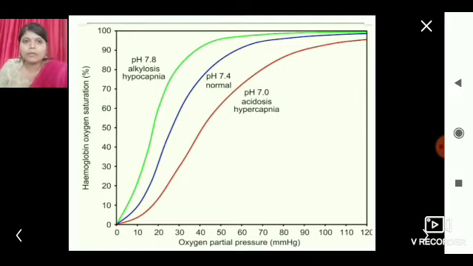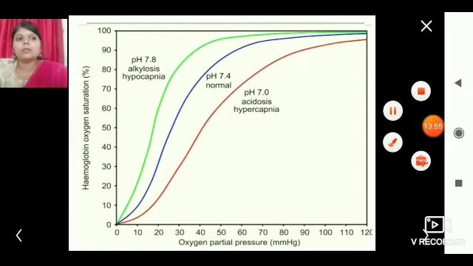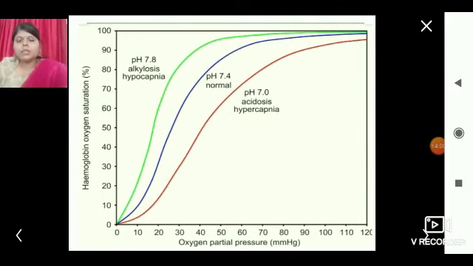So here in detail we will explain at what pH you would find the shifting of the graph taking place. Here this pH is 7.8, meaning more basic in nature, or alkalosis, or hypocapnia, which is making the graph shift towards the right-hand side.